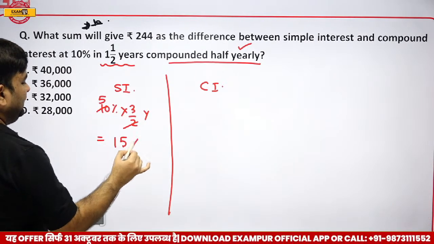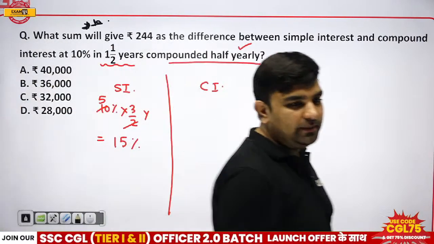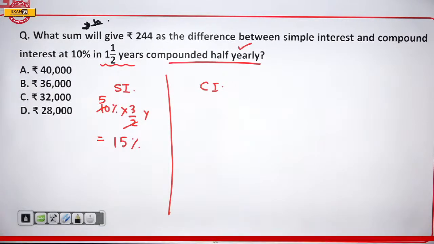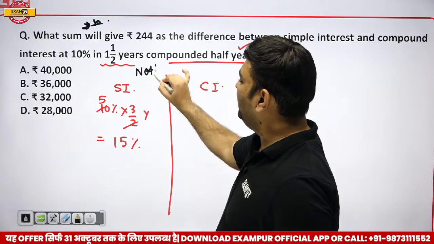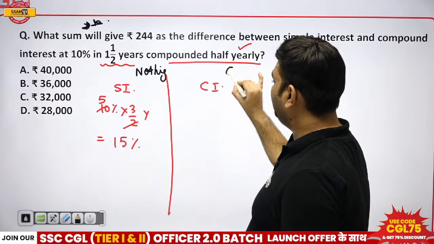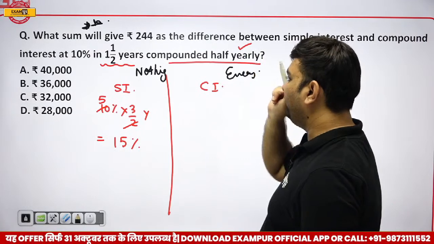Have you listened to my statement very carefully? For SI, nothing matters, neither compounding, nothing. And for CI, everything matters. Compounding is done half yearly.